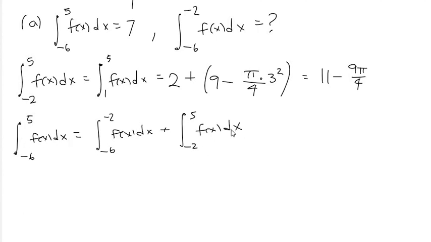This is one of our definite integral properties. And which of these 3 things do we know? Well, they told us this first one is 7, and this -6 to -2, that's what we're looking for. And this last one here from -2 to 5, that's what we just figured out.